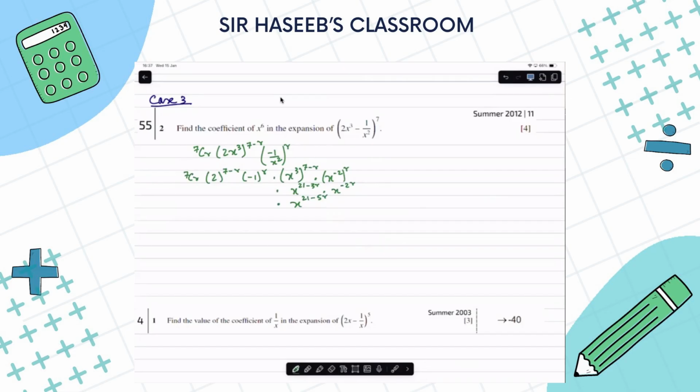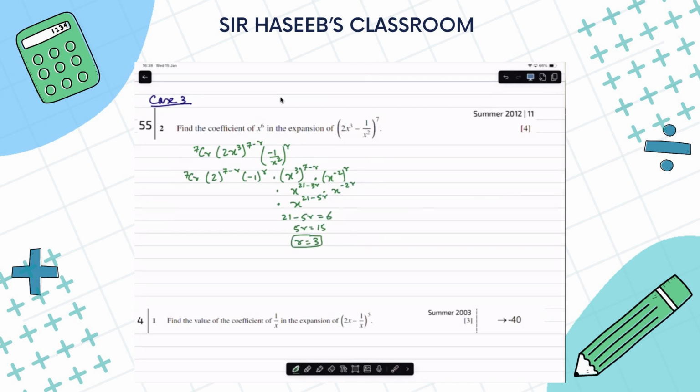Yes. Now, I want this x power to be equal to 6. So what I will do is 21 minus 5r equals 6. 5r equals 15, r equals 3. That means when I keep the r value as 3, after cancellation, I'll get x power 6.